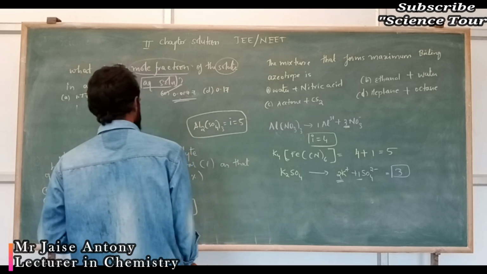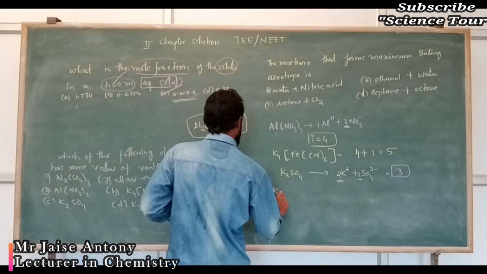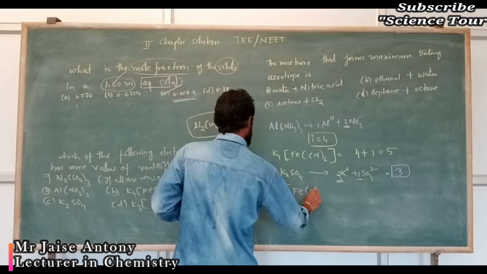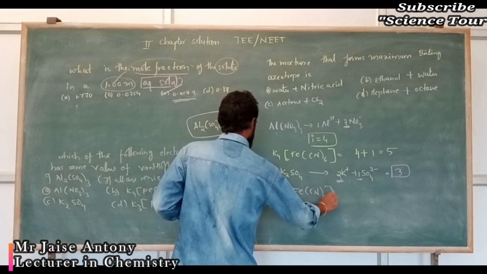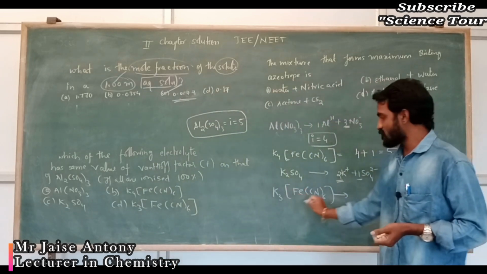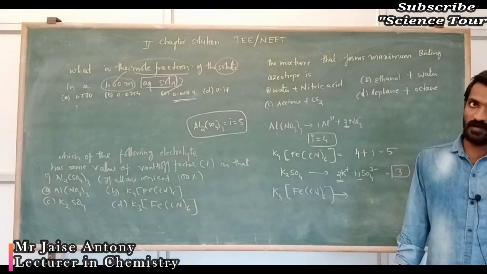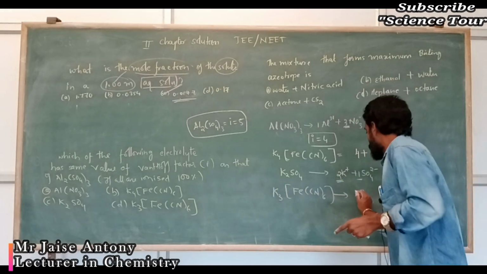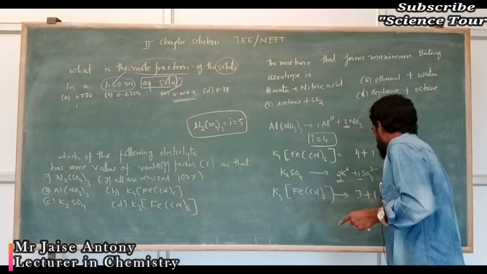Next, potassium hexacyanoferrate. Here you check in this one, the bracket that represents a coordination compound is considered as 1 ion. So here how many potassium is there? 3. 3 plus 1, total 4.